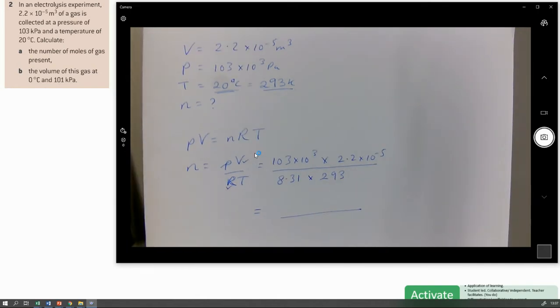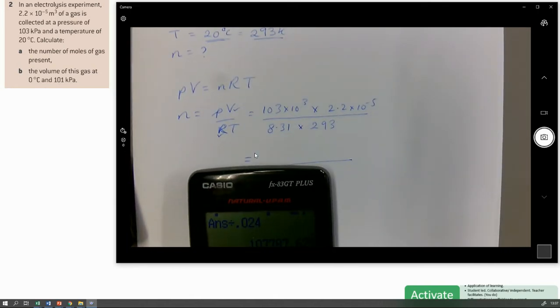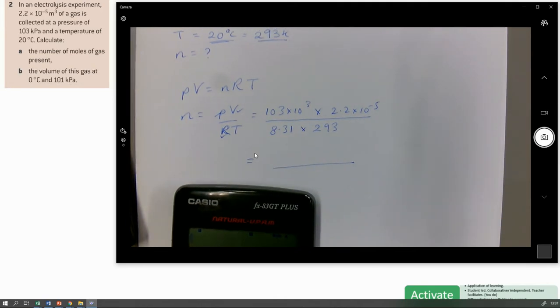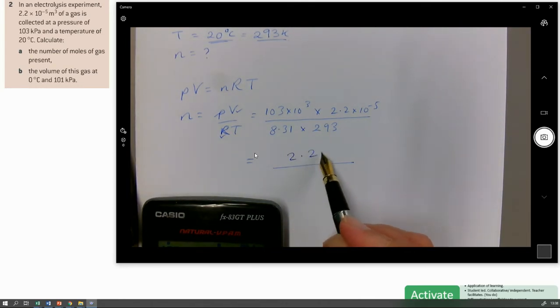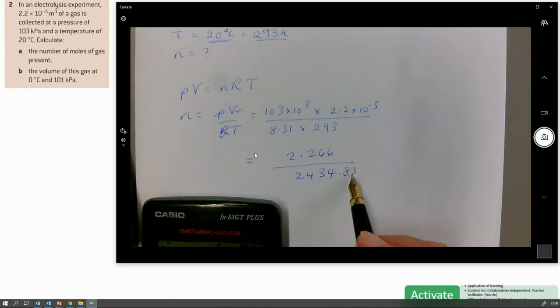Now, once again, I've got multipliers on the bottom there, so I'm going to do one row at a time. It'll save me making mistakes. And it takes a little bit of extra time to plug the numbers in, but it makes sense. 2.266. And then the bottom line is going to be 8.31 times by 293 equals 2434.83.